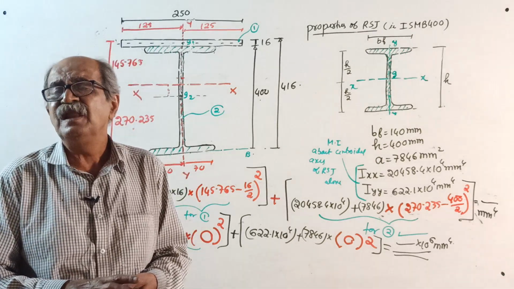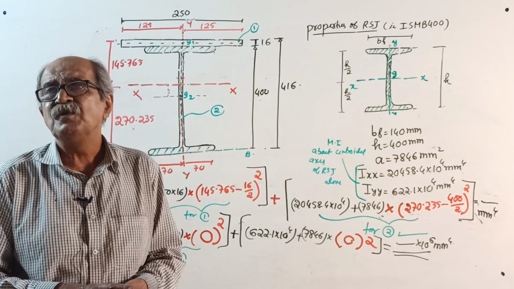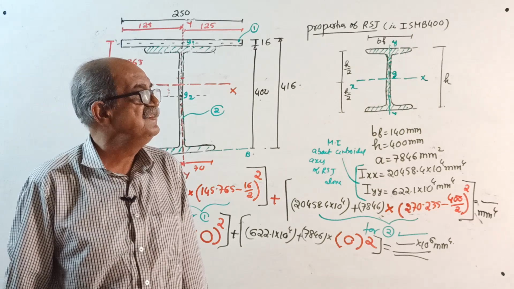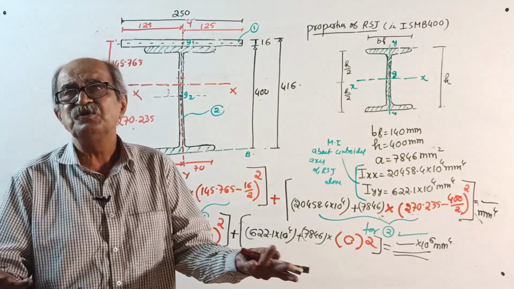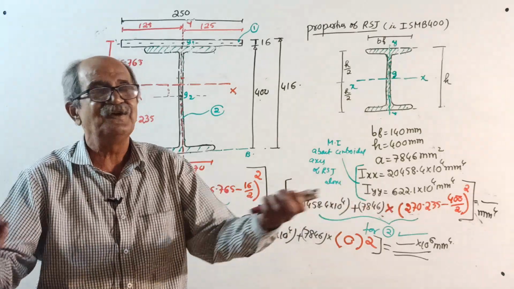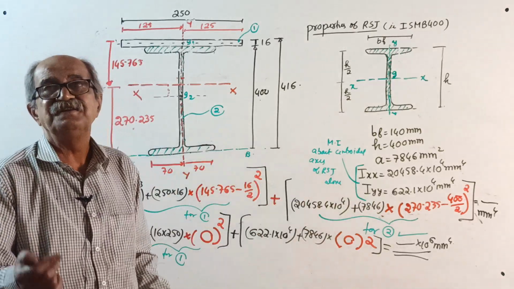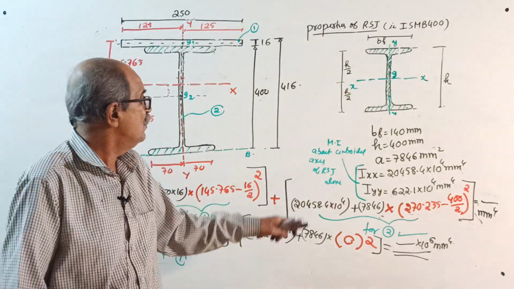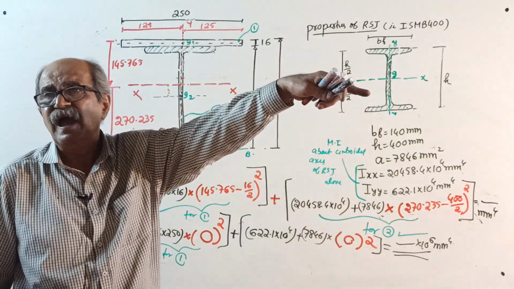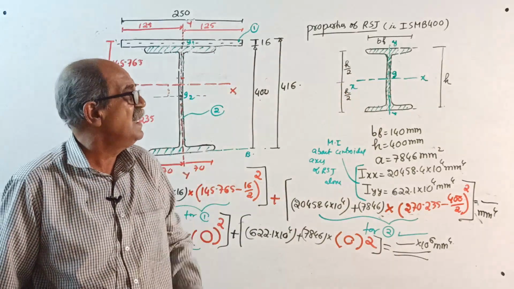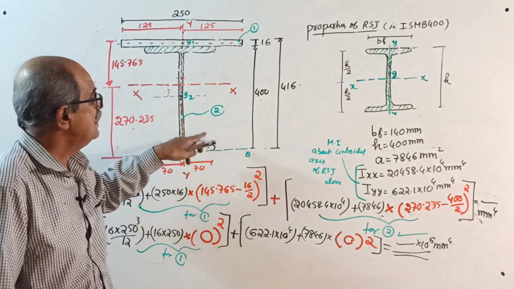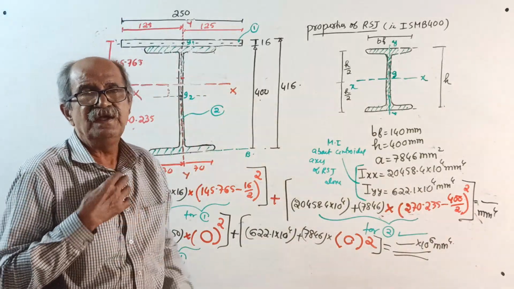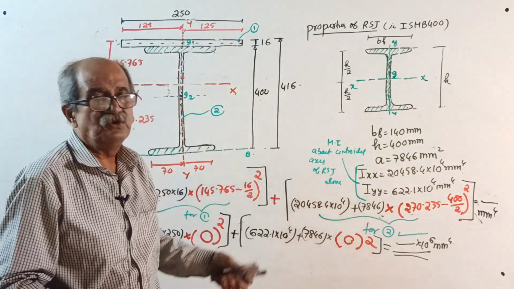There moment of inertia calculation is dedicated to steel structures. Therefore, you refer there, understand completely and come back to the class. Don't expect me to tell once again the parallel axis theorem. Okay, that's all. This class I am closing now.